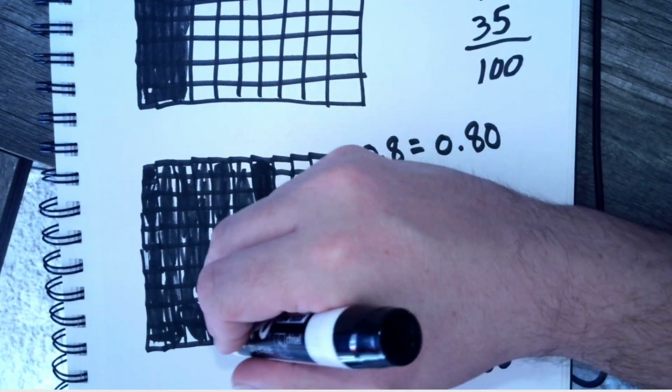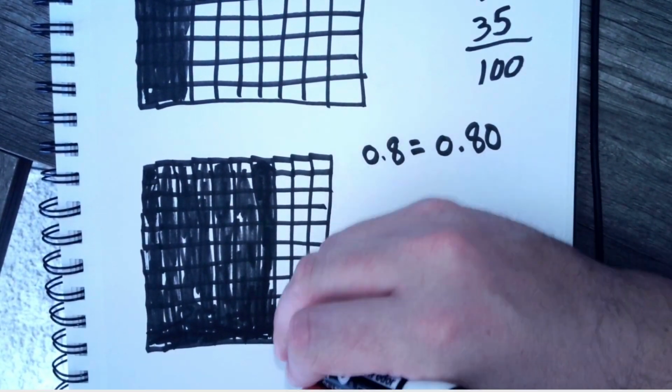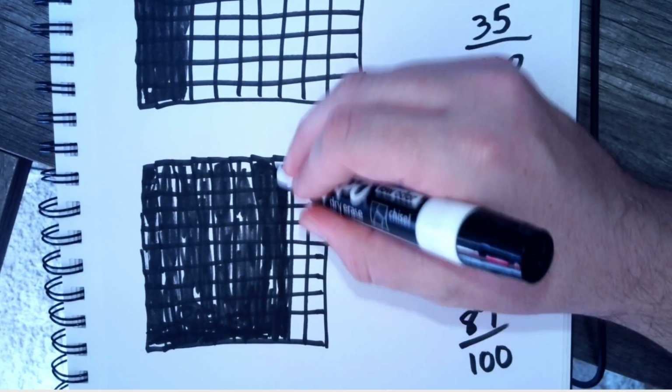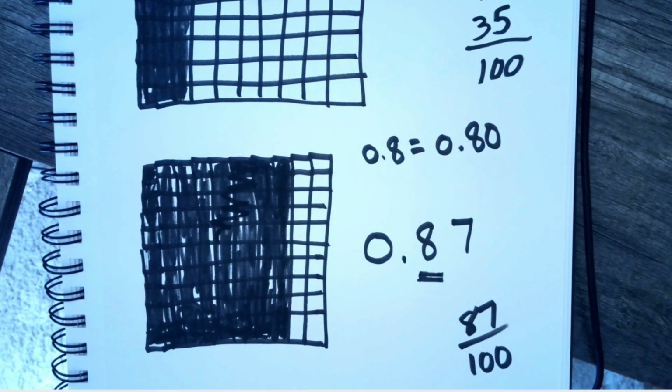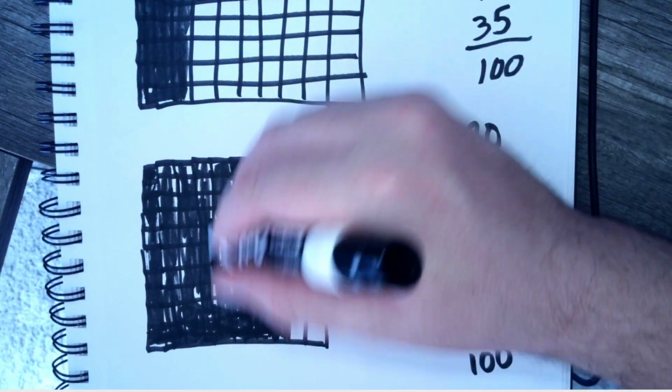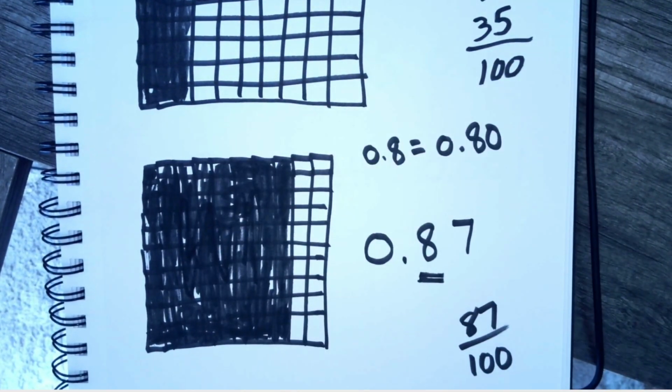So there's 7 tenths, and we need one more to get 8. So here's my 8th set of 10. So again, it doesn't have to be perfect. So I'll fill it in a little bit more. Okay, so we have 8 tenths.